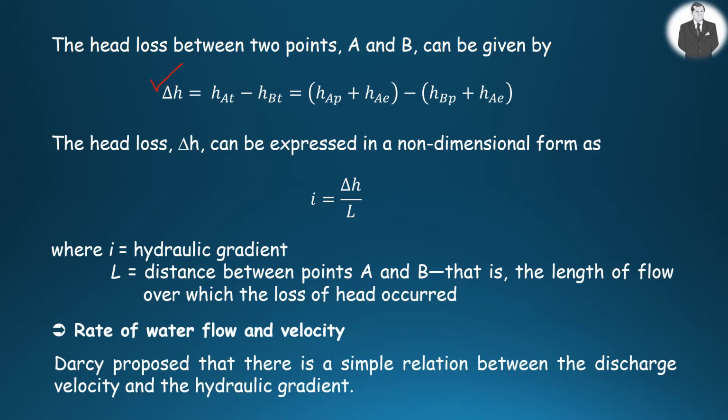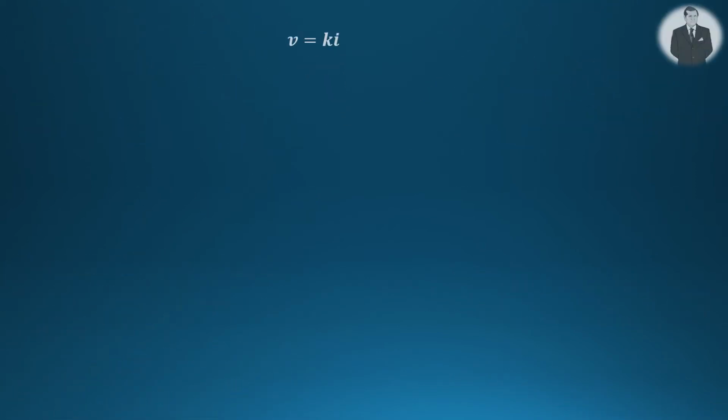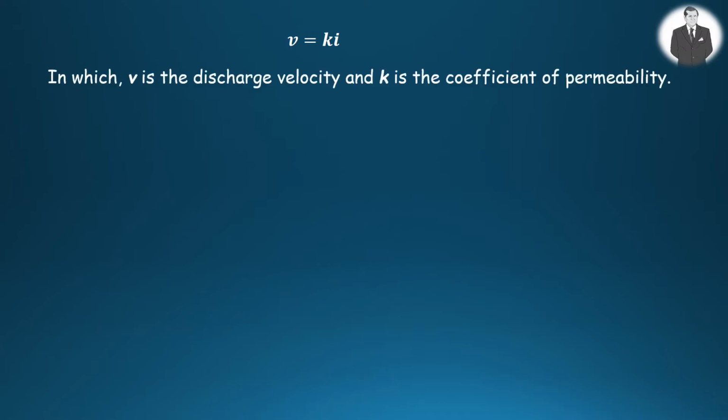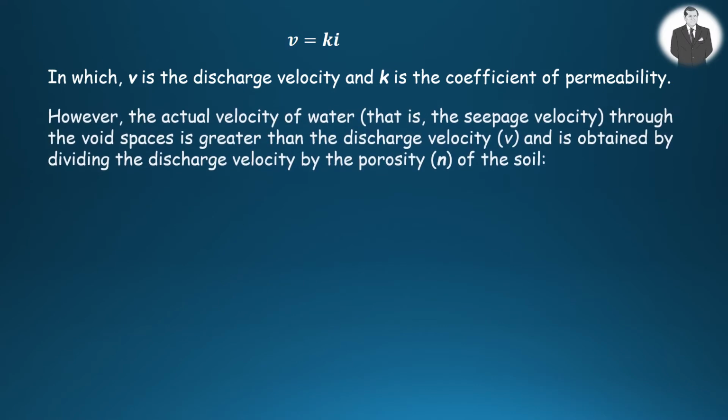Darcy recommended that there is a simple relation between the discharge velocity and the hydraulic gradient. Let us see what it is. V is equal to K times i, where V is the discharge velocity as defined earlier, and K is the coefficient of permeability.